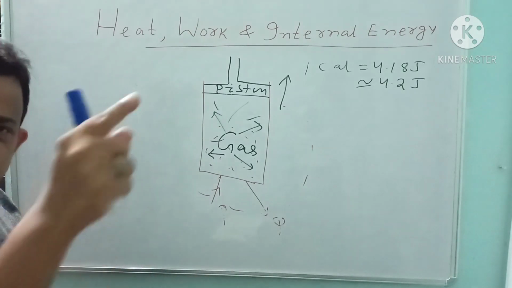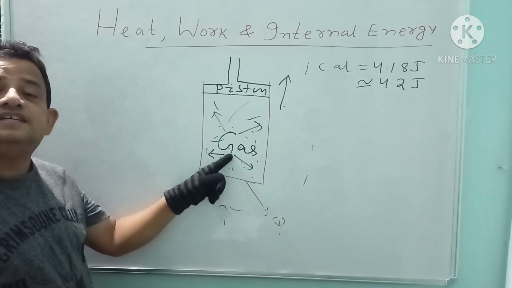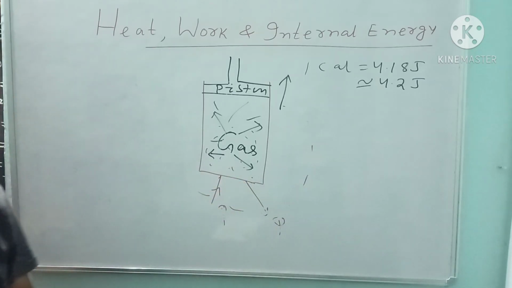So in compressing the gas, heat is released, or heat is given to the surrounding. And in that case, heat Q is negative. In thermodynamics, this sign convention is vital: in which case Q is positive, in which case Q is negative.